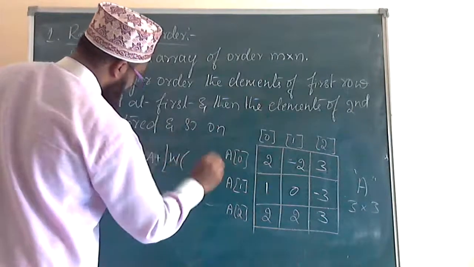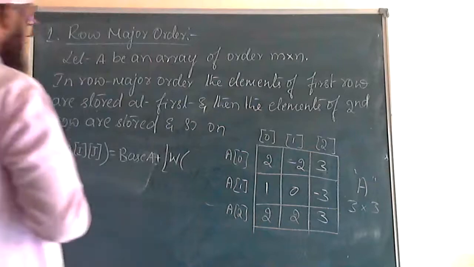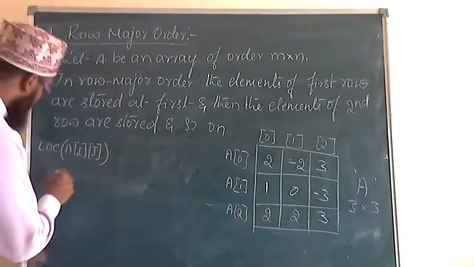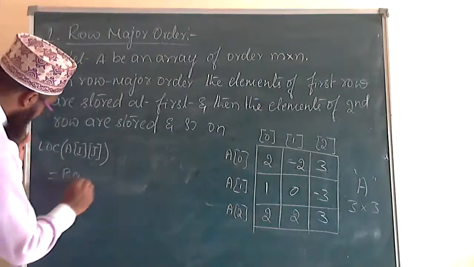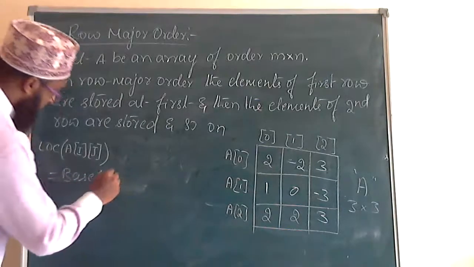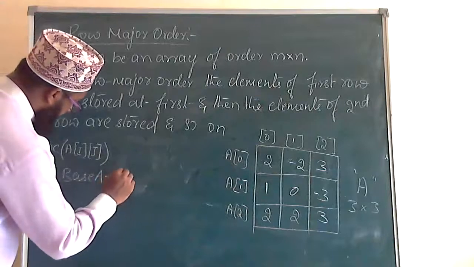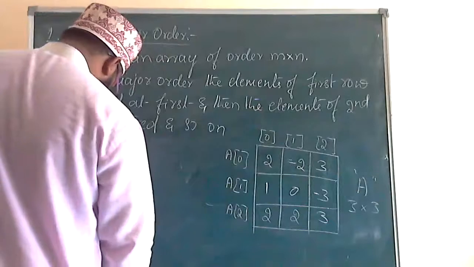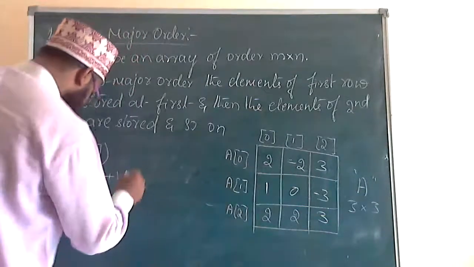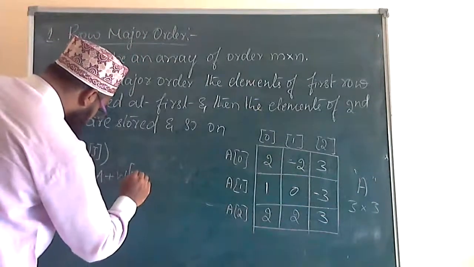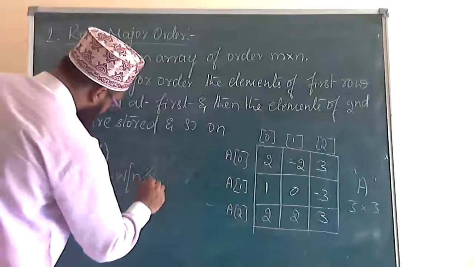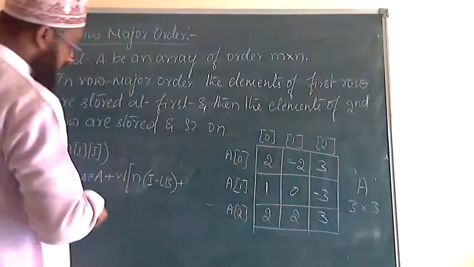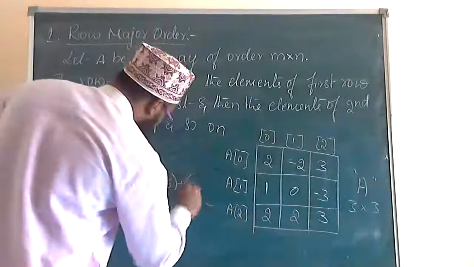is equal to base A plus W into n of (i minus LB) plus (j minus LB).